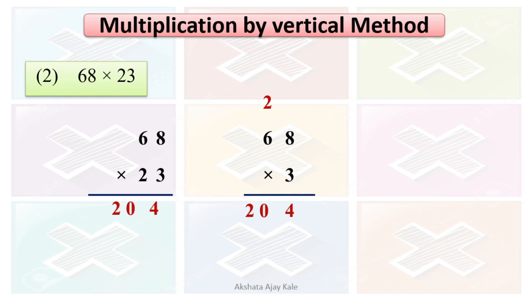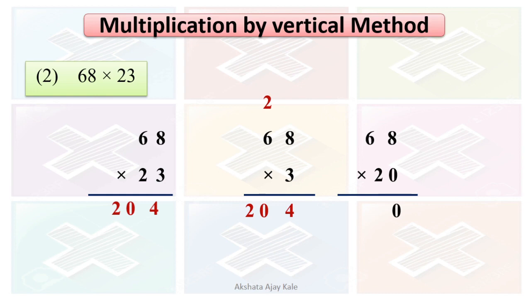Next is 68 multiplied by, come on, tell me. Yes, 20. Very good. You know why we are going to take 20? Because it is in the tens place. Correct? Now 0 first we have to put here without fail.